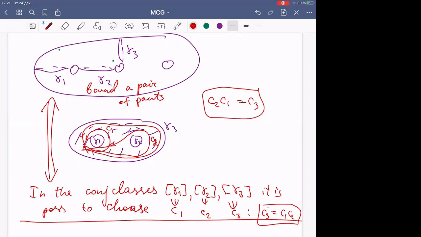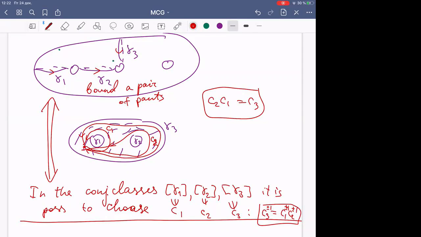Actually, I would like to write here as follows. This depends on the orientations. So if the orientations are chosen so that it is like that, then exactly C3 equals C1 C2. With some other orientations, then something like that. Okay, so this is a complete characterization, if and only if.